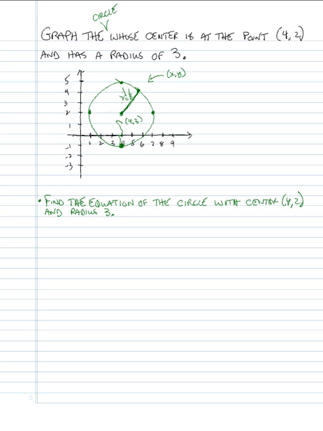So r, which is equal to 3, is the distance between the center, which is 4, 2, and any point x comma y that is on the circle.